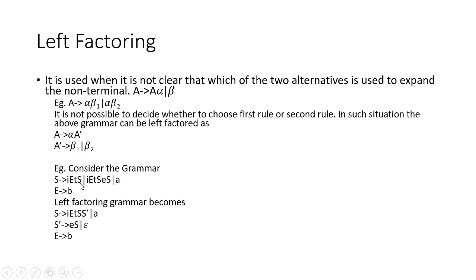Here there's only S, and here there's e S. So we can break this grammar as S derives i E t S S dash, and S dash can be either blank, meaning epsilon or empty, or e S. And the other one, S can be a or E can be b. So whenever you see a repetition on the right side and you are not sure which one to pick, you break it up, which is called left factoring.